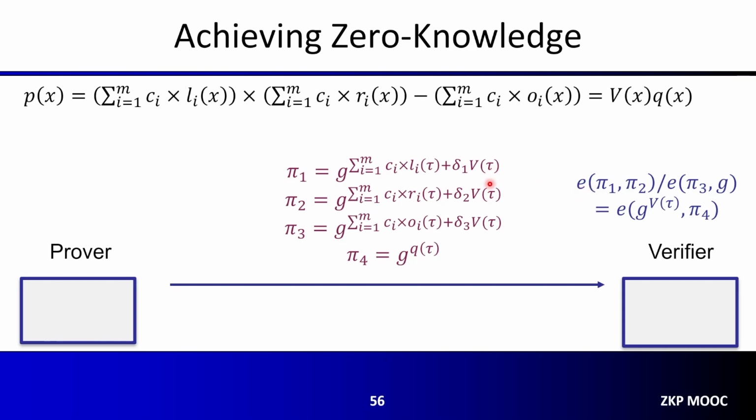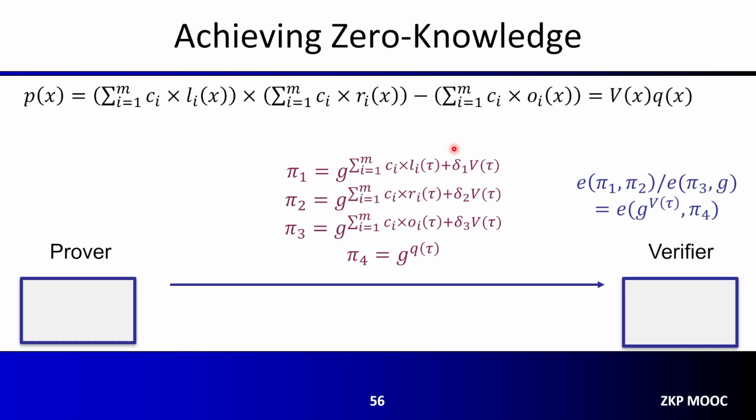Because of that, when you multiply these two polynomials together in the exponent, it is still divisible by the vanishing polynomial because you have a common factor in all of these products. So in this way, with these randomizers, we can formally prove that you can actually simulate these proofs without knowing the real witness of the prover. And at the same time, the scheme also has knowledge soundness by the same pairing equation check and a slightly different proof.